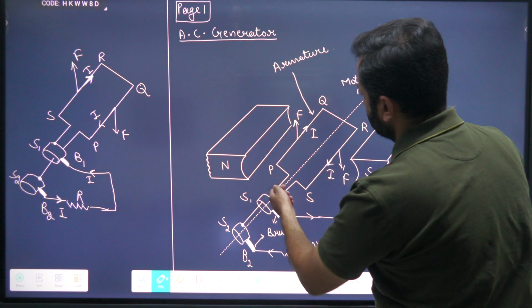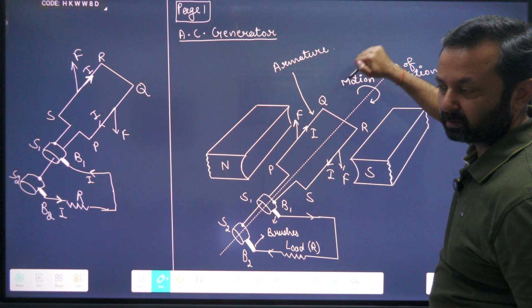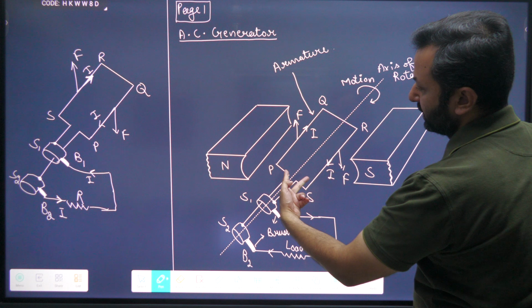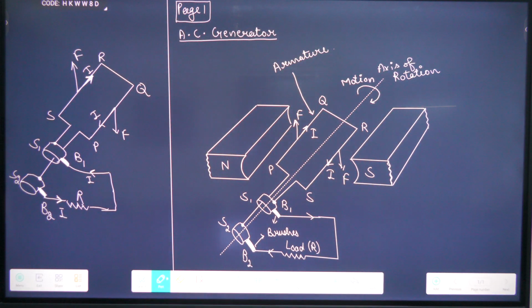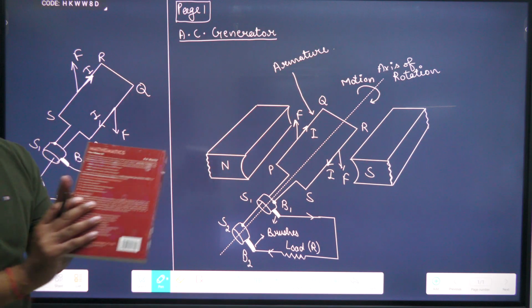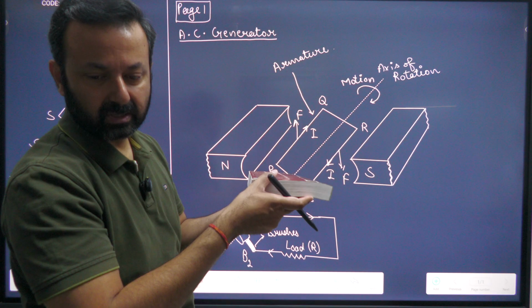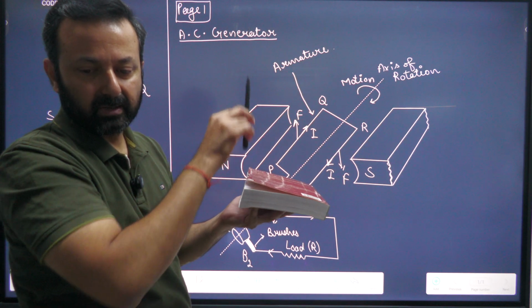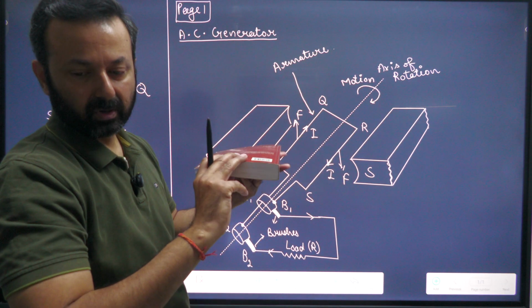This PQ, actually we are providing a rotational torque, a torque like this. So after half cycle, if you consider this to be a coil, and this coil is placed like this, and we are providing a force like this here and a force like this here, then what will happen?